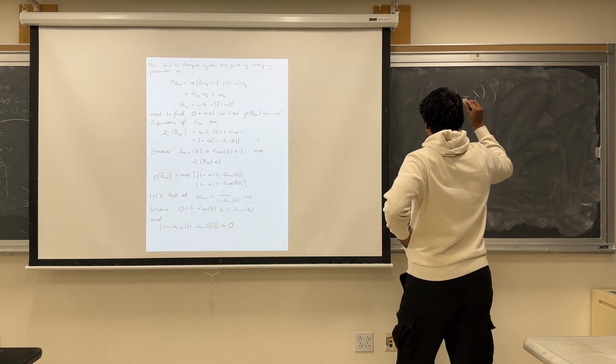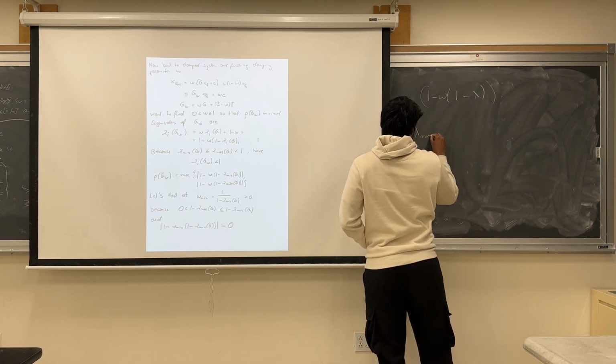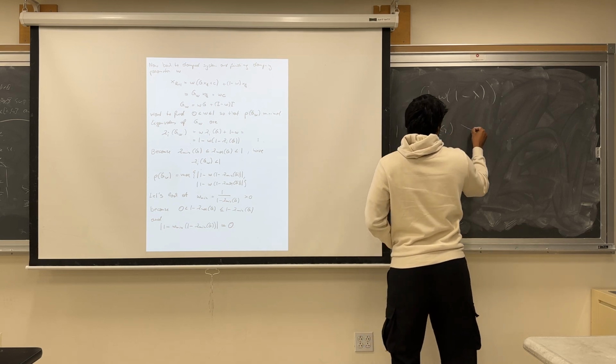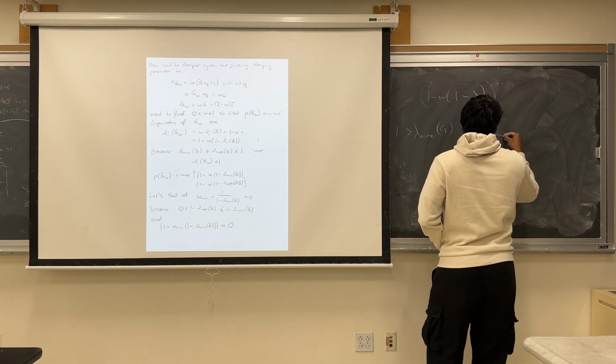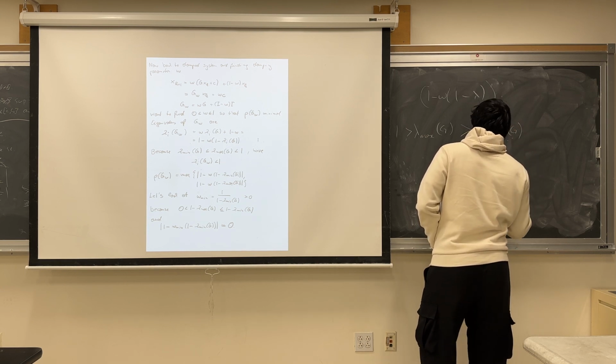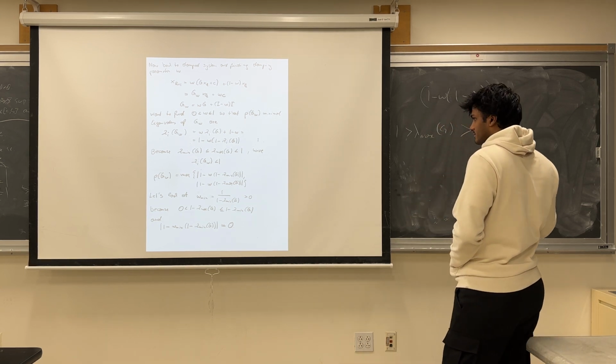Okay, let me just write some things then. Lambda max of G is always less than 1 and it's always greater than lambda min of G, right? That's a true statement.